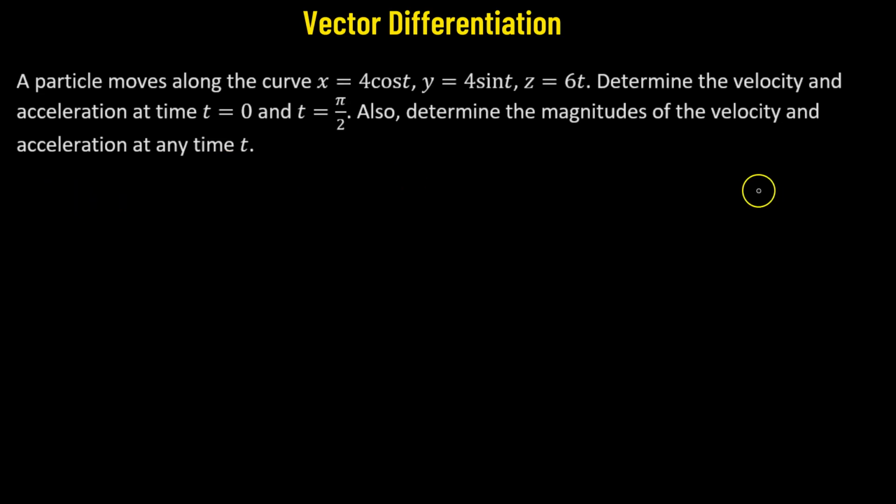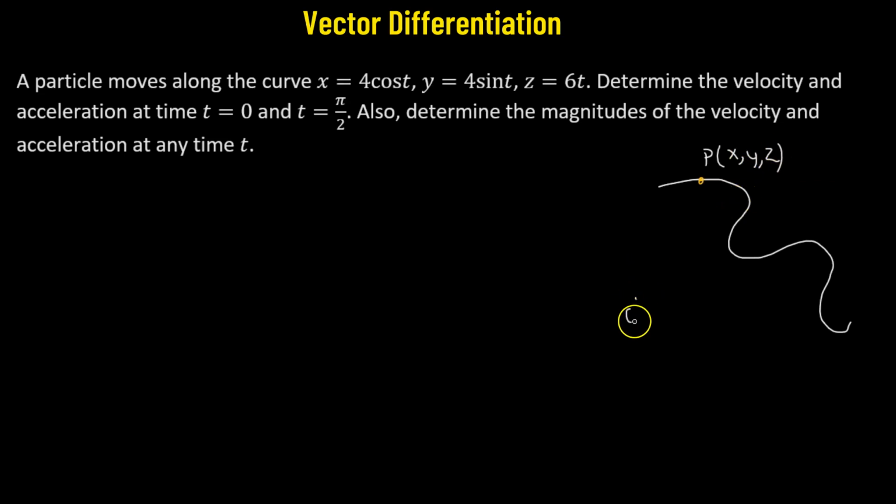So let us begin. Say we have a curve and a particle that is moving along this curve. At any given instant of time, let the coordinates of this particle be point P, given by x, y, and z.